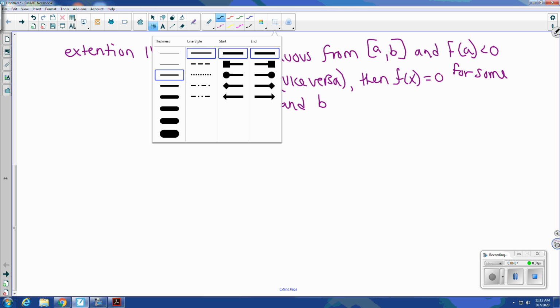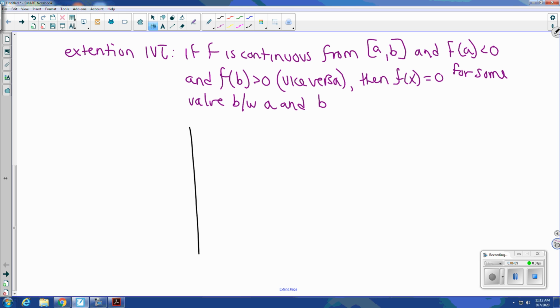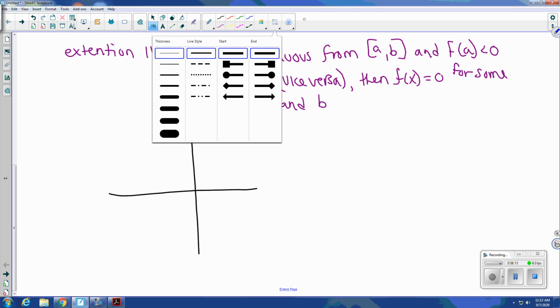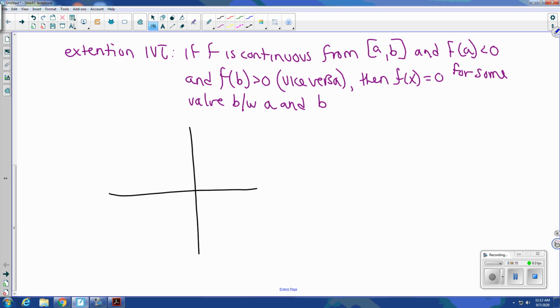So what does that mean? We draw another picture. We have our coordinate plane. This time they're telling us that we have a continuous function from a to b where f of a is less than 0, so the output for a has to be below the x-axis. We'll say it's down here. The one for b is above the x-axis because it's greater than 0. And again, we could have those flip. This isn't a necessary condition to have it like that. But one's above and one's below.